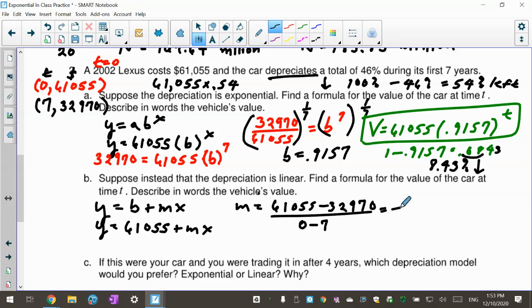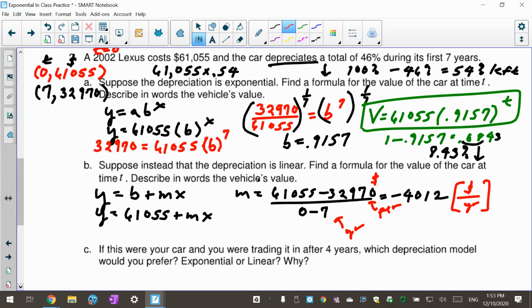And when I do, I get a negative 4012. So if we were looking at the units, this is dollars, this stands for per, and that's years. So that's how much it goes down, $4,012 per year. That's my unit.